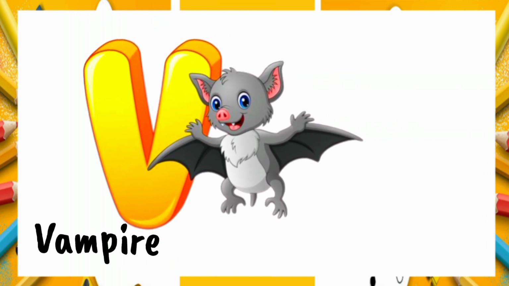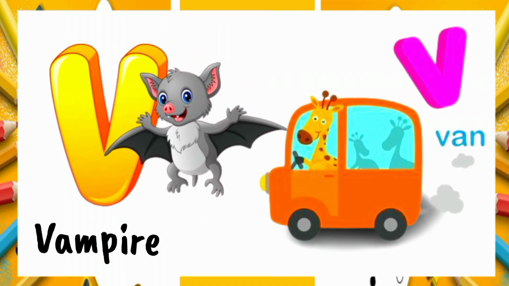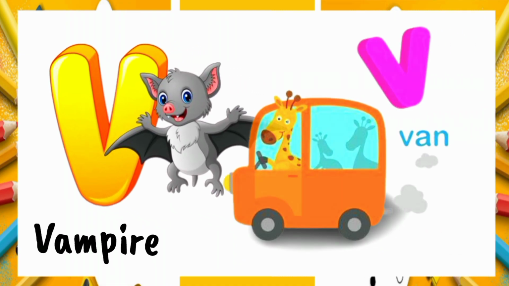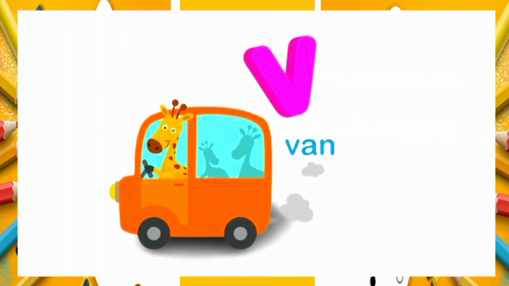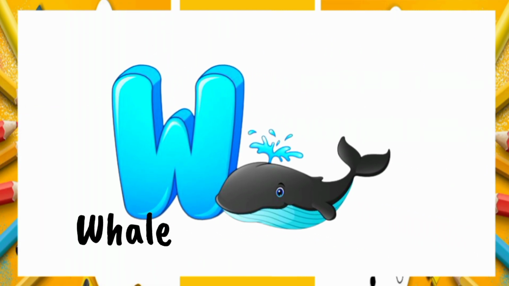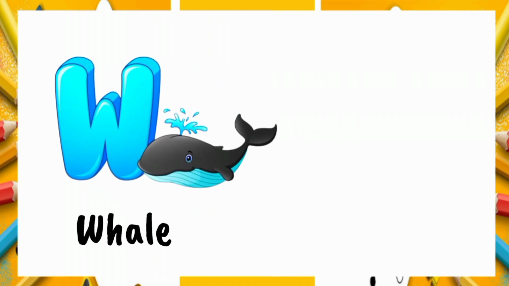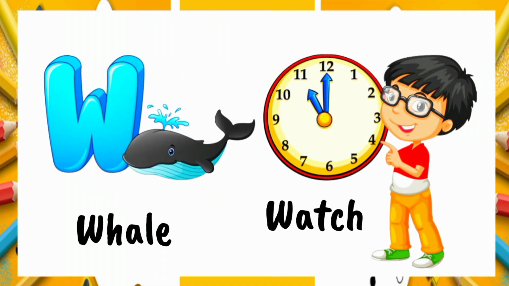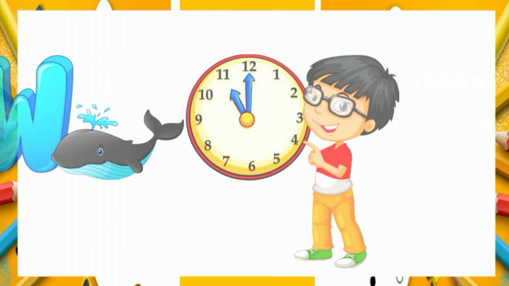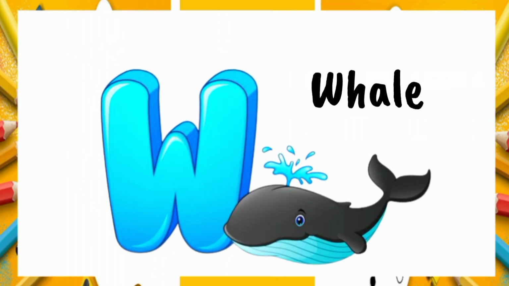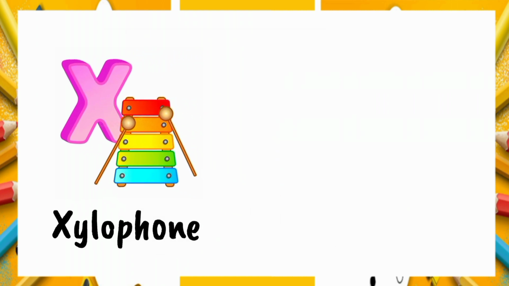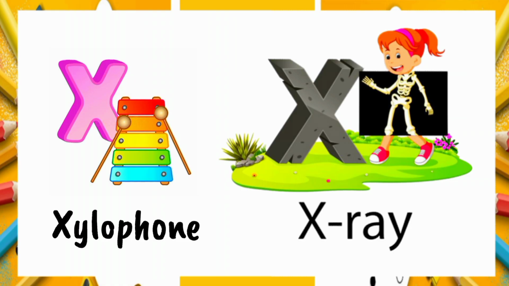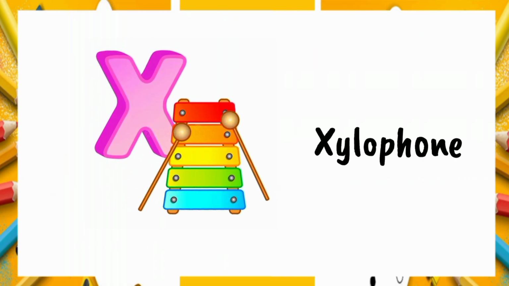V is for van. Vampire. Van. W is for whale. W is for watch. Whale. Watch. X is for xylophone. X is for X-ray. Xylophone.